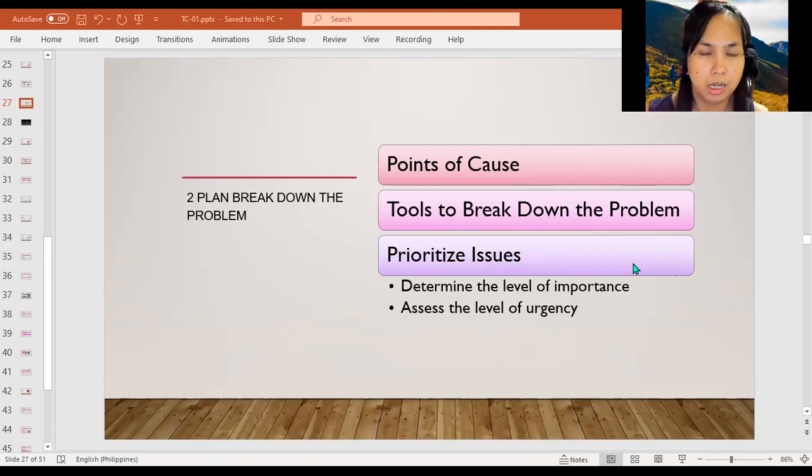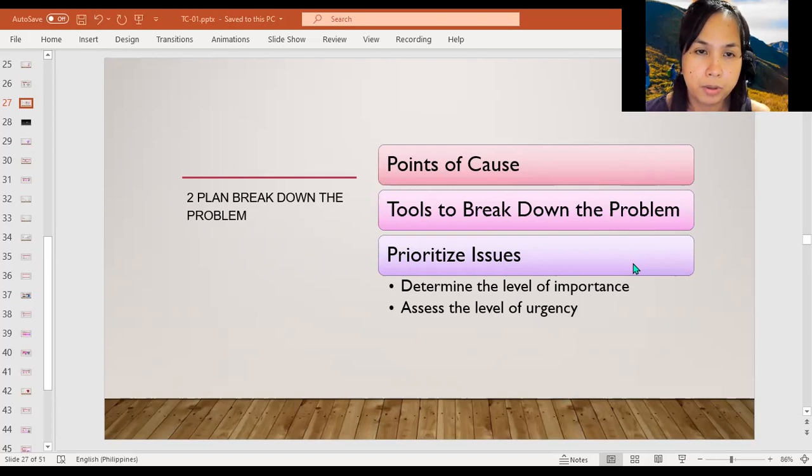So first, we must determine the level of importance. To do this, we ask, for example, how long has this issue existed, and what impact is it having on team members as well as the company. These questions can be asked, no?